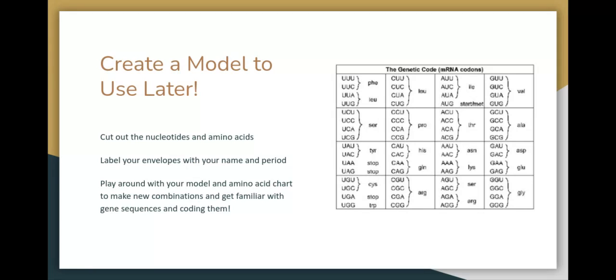This is going to be helpful for you to work out some mutations later and actually visualize what happens. That's why you have so many little nucleotides to cut out, and then you have your DNA, RNA backbone to put them on later.